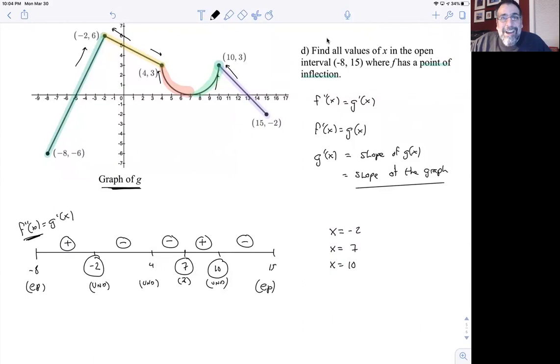This question did not ask us to justify, but if it had, we'd have to use our graph to do it. The justification would be that f prime, which equals g, changes from increasing to decreasing or vice versa at each of these points.